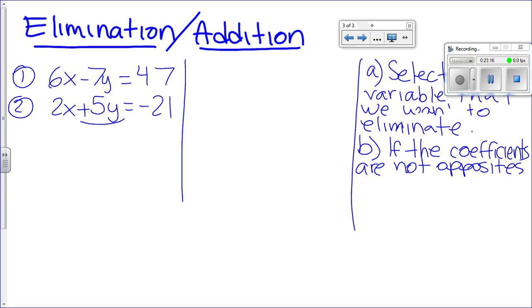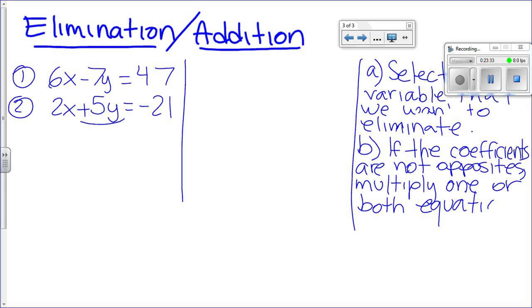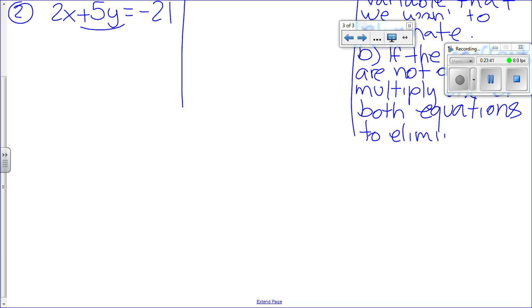So if the coefficients are not opposites, then you need to multiply one or both equations to eliminate the variable.